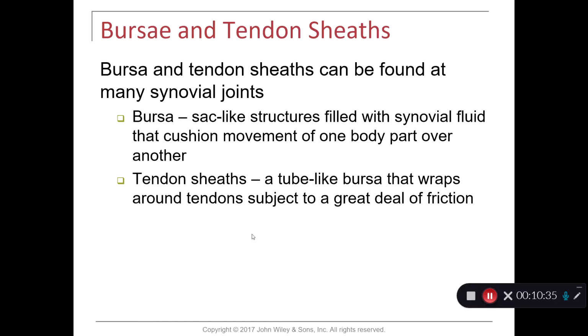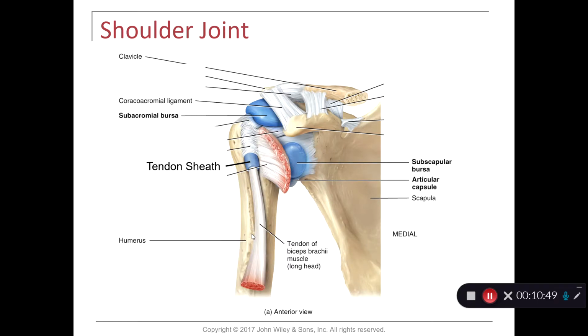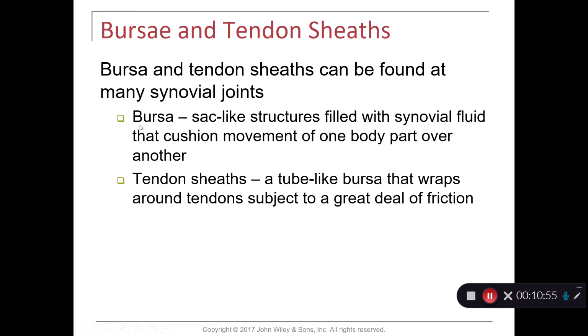Now, we do have a lot of moving parts, and because we have a lot of moving parts, there can be a lot of rubbing and a lot of soreness and a lot of not happiness. How we avoid that is we add little ball bearings almost to the mix. And these are via what I just marked right here, a bursa and a tendon sheath.